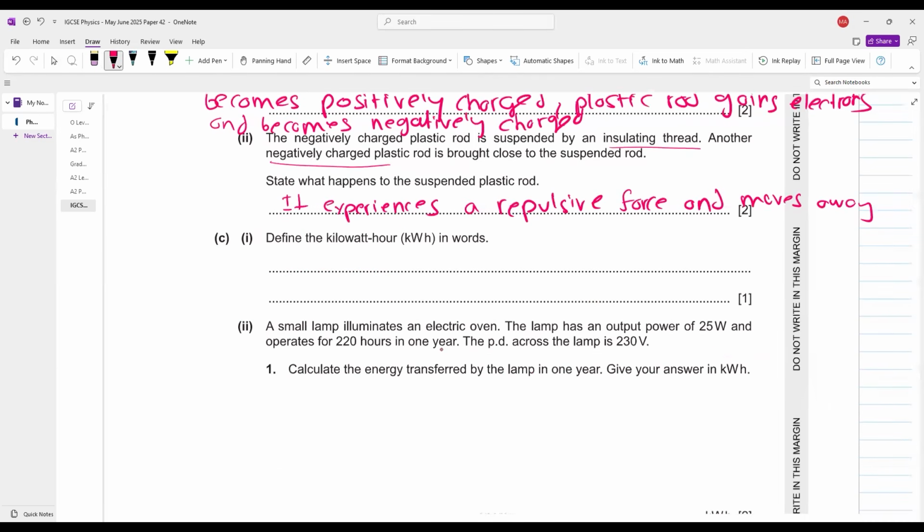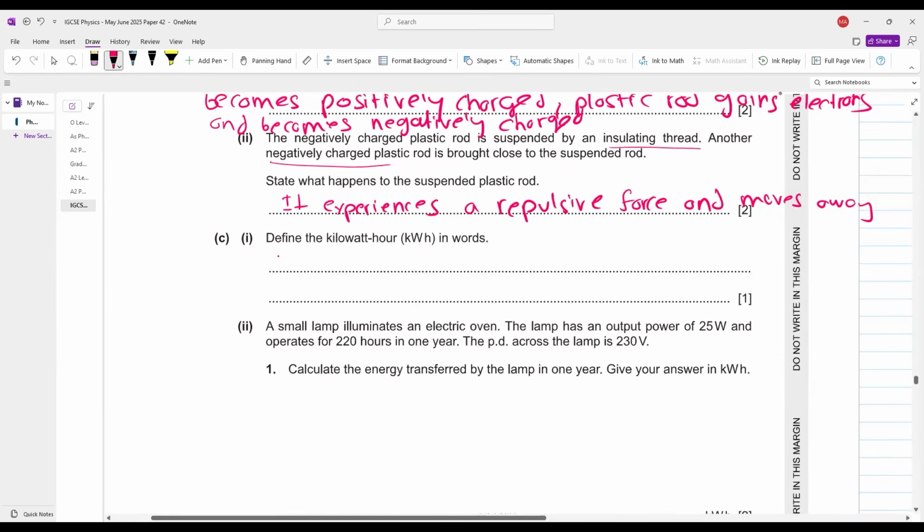Define kilowatt hour in words. आपने किलोवाट आवर को डिफाइन करना है. What will you say? Energy transferred in 1 hour at a rate of 1 kilowatt. You will say कि if a power of 1 kilowatt is applied for 1 hour, the energy transferred is supposed to be 1 kilowatt hour.